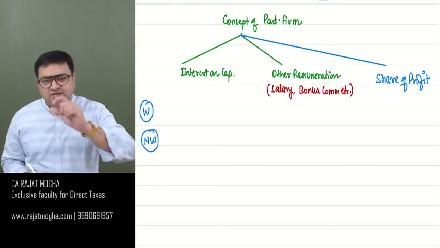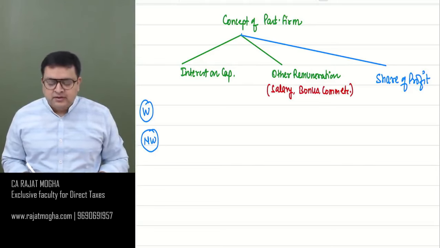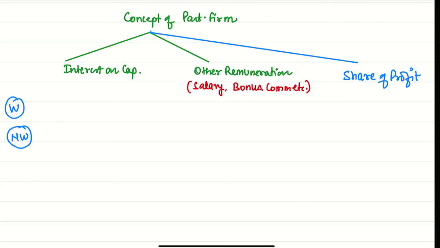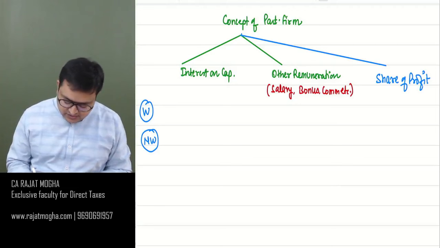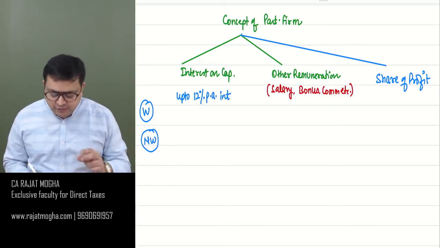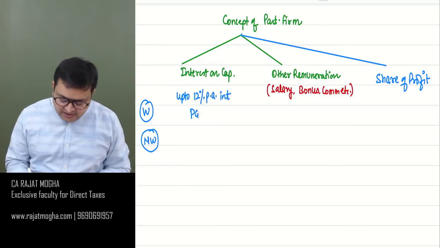One line for working, second line for non-working. Whenever a partner receives interest on capital up to 12% per annum interest, it is the PGBP income of both the partners, whether they are working or non-working.